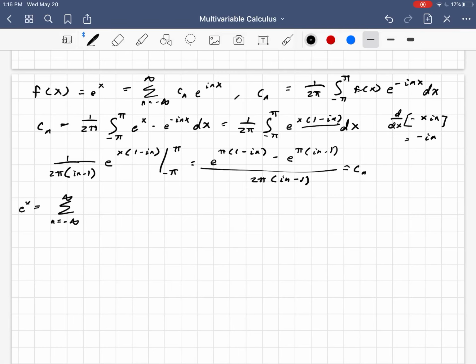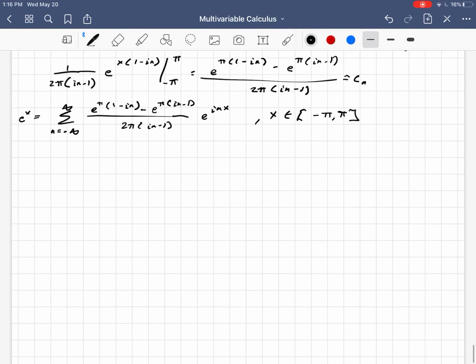So that's e to the pi times 1 minus i n minus e to the pi times i n minus 1, over 2 pi times i n minus 1, times e to the i n x. And that is the complex Fourier series for e to the x, again with x going from negative pi to pi.